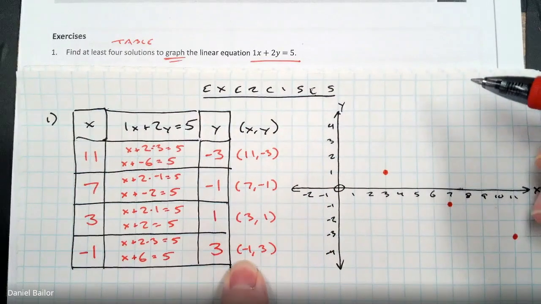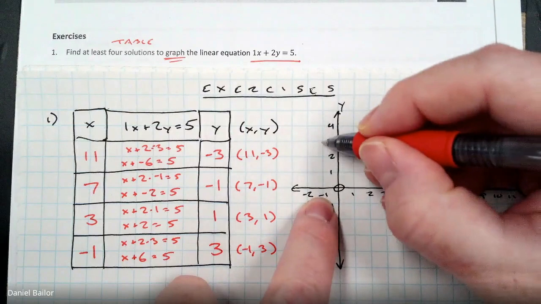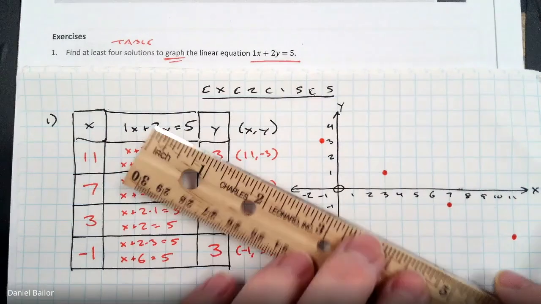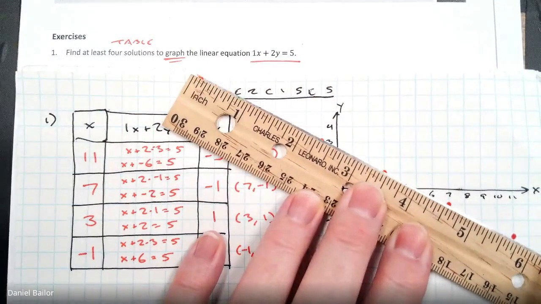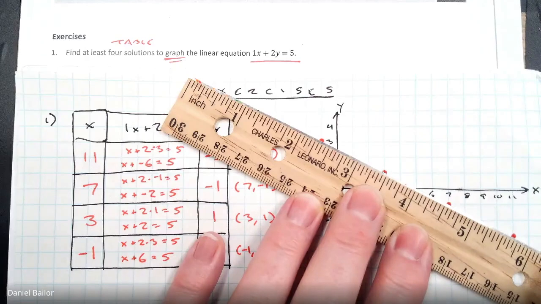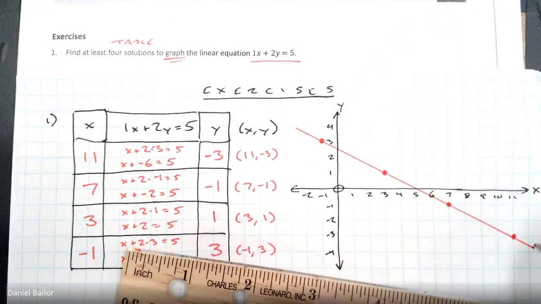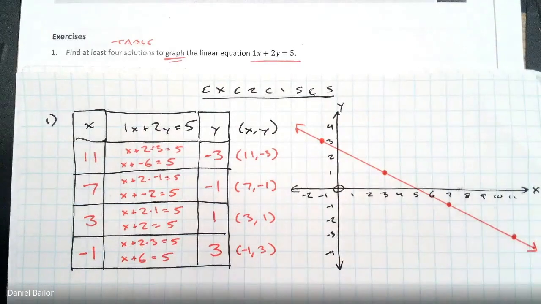And -1x and 3y right there. So there's my graph. I drew my coordinates. Now I'm going to connect them to show you my line. There's my line for my linear equation.